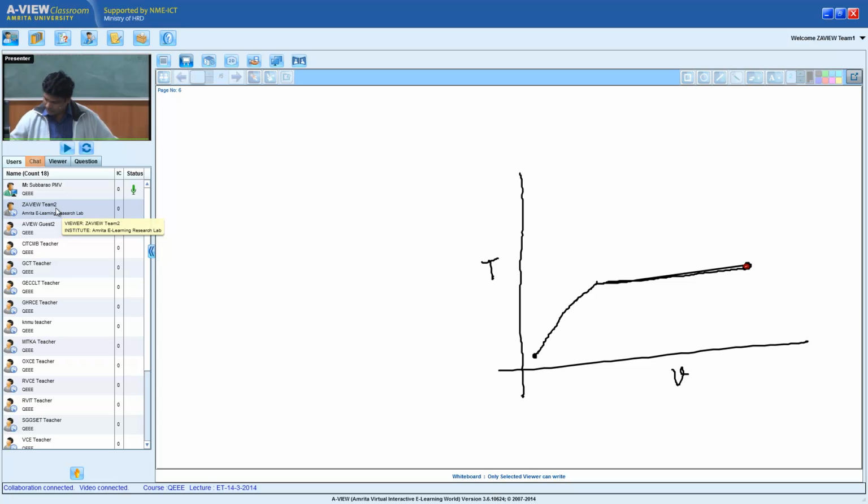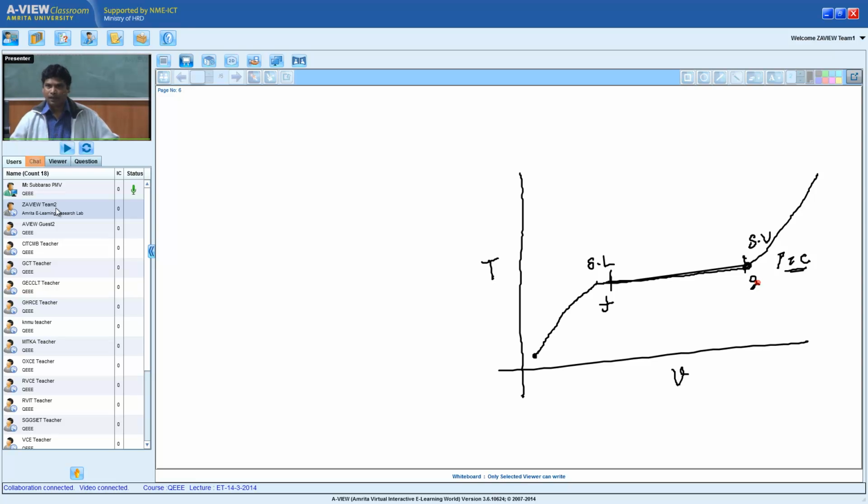After some time, both temperature and volume change. So this is called a P equal to constant curve. This is the point called saturated liquid. This is the point called saturated vapor. Most books use a suffix f for this, suffix g for this.